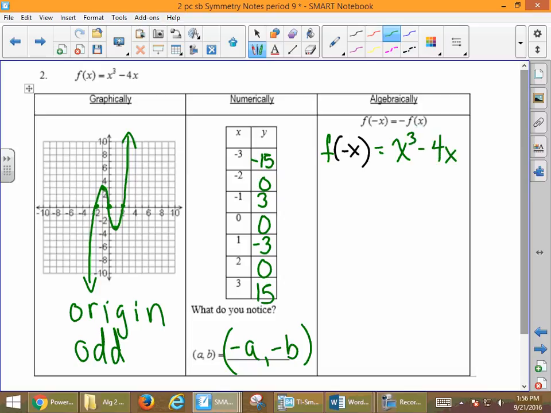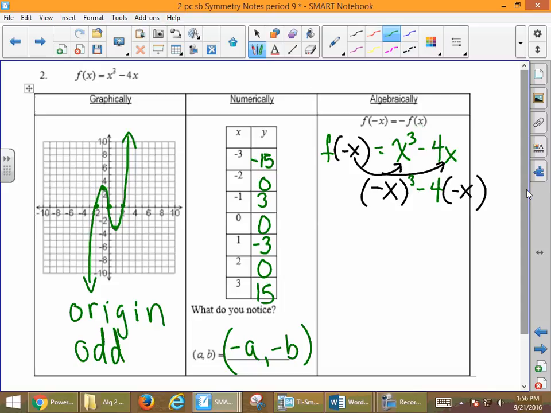Now that value of negative x needs to replace all of the x's in the function. So we're going to put this in here, and we're going to put it in here. So in other words, we end up with negative x cubed minus 4 times negative x.